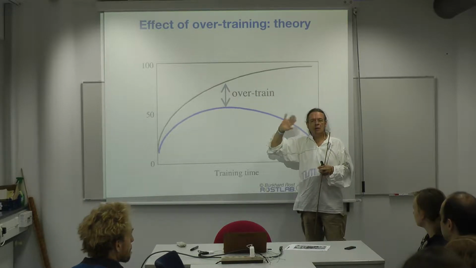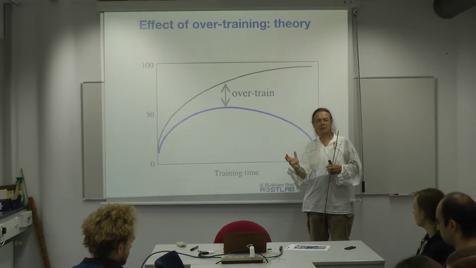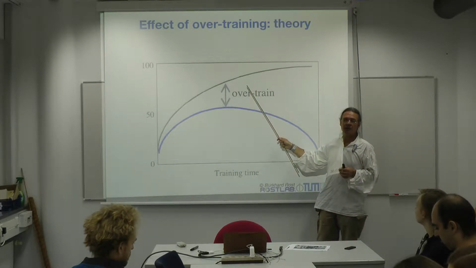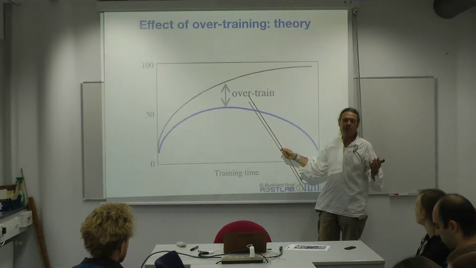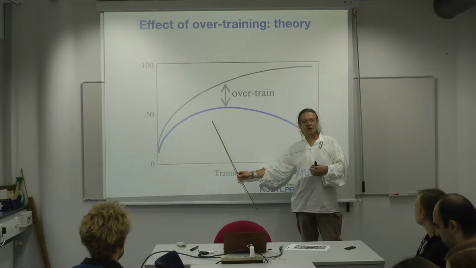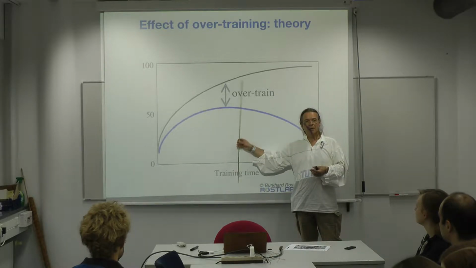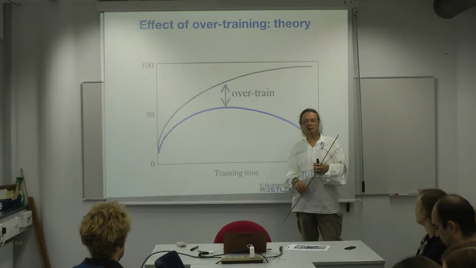I no longer learn anything that has general validity. I no longer learn any principle. I know something that is specific to my training set. That's learning by heart. And in this analogy of learning by heart, until this point here you understand. So you increase your understanding. And from here on, you essentially learn by heart, right?